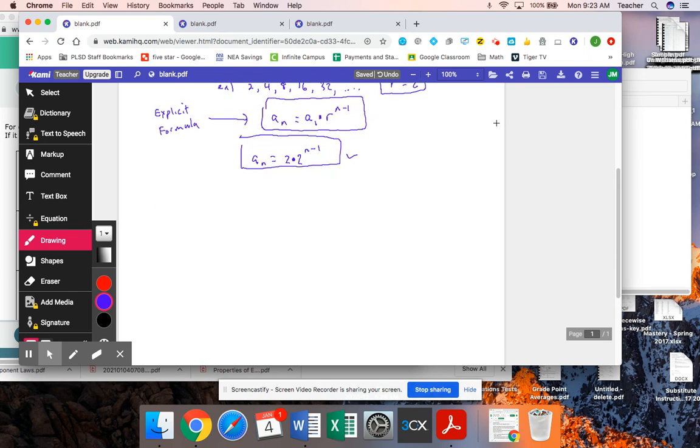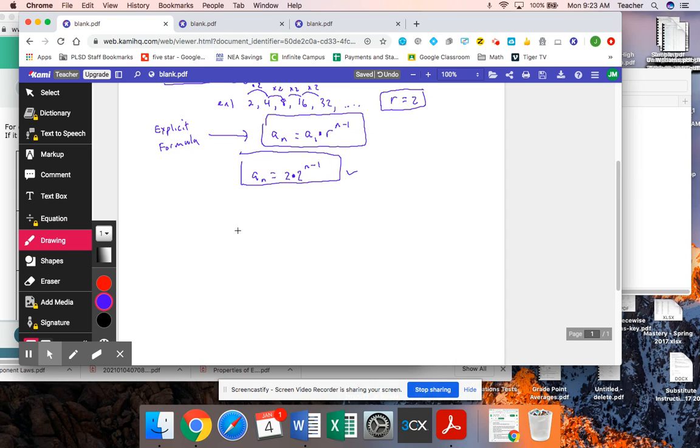Okay. Now, if I wanted to graph that, and this is taking it a little bit further, actually, let me first find the third term. I'm not going to say 10th term. I'll say third term because I don't want to do a lot of the math. So if I know that my explicit formula is this, then my third term is when n is equal to 3.